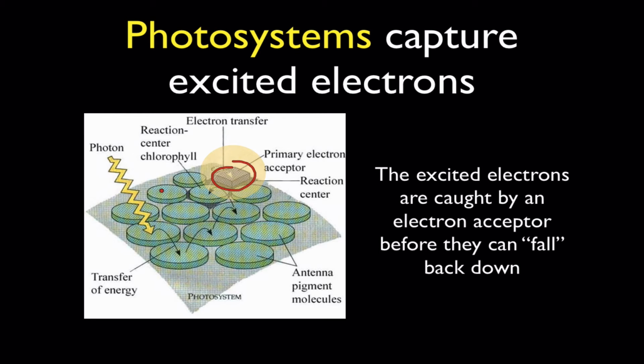All of these pigment molecules around the reaction center are just there to capture photons of light of different wavelengths, and bounce them around and add energy to them with each bounce until finally they are energetic enough to be captured by an electron acceptor and be passed through an electron transport chain.